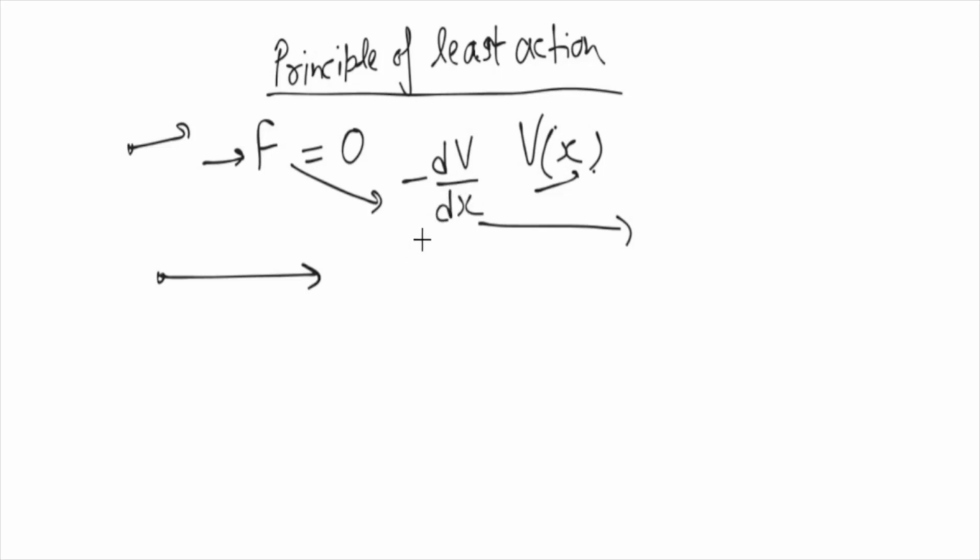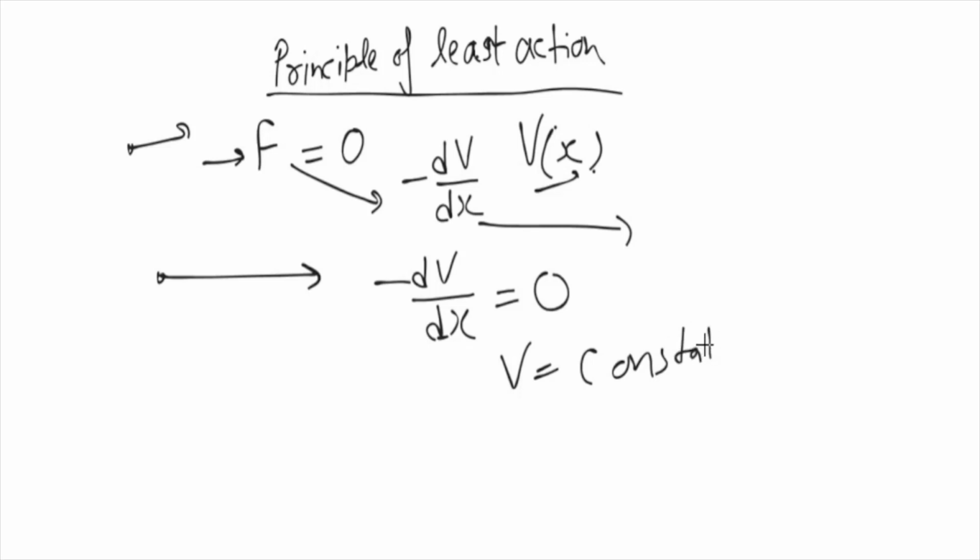So the condition of force equal to 0 means -dV/dx = 0. It means the particle or object is not moving. Or in other words, we can say that the potential energy is stationary or constant. If dV/dx is equal to 0, it means V is equal to constant.